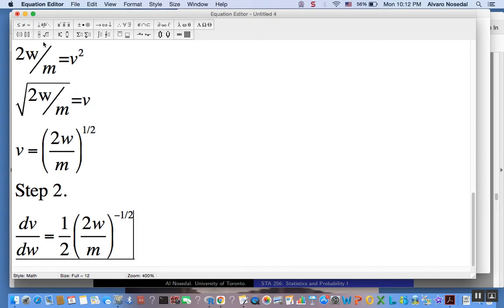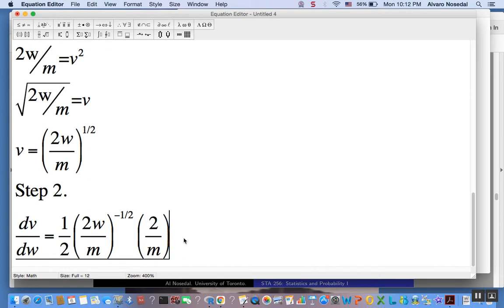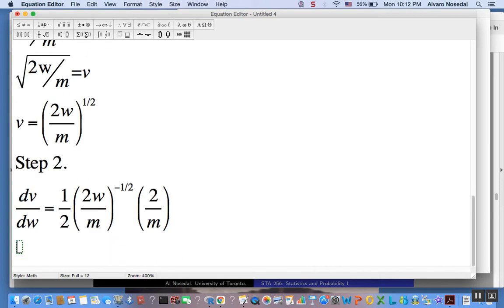So let me write that down here, 2 divided by m. Okay, making progress. So that's basically step 2. But it would be a good idea to simplify that as much as possible.